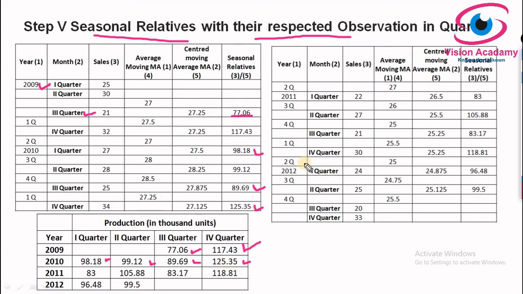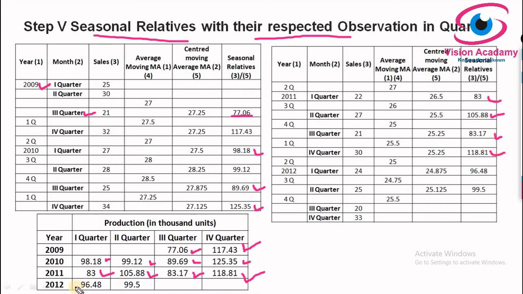And now we can obtain data for 2011. The first quarter seasonal relative is 83. Here I have replaced it with the respective observation. Second quarter in 2011 is 105.88. Third quarter in 2011 is 83.17. Fourth quarter in 2011 is 118.81.